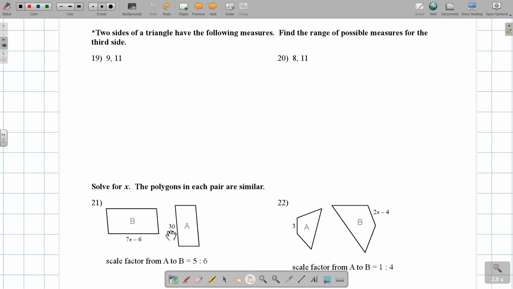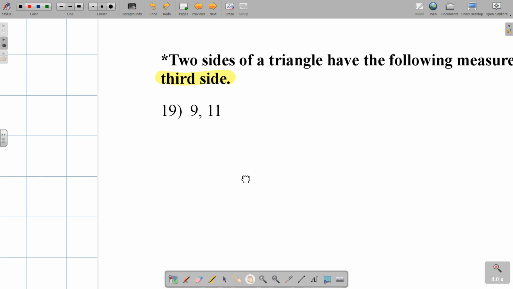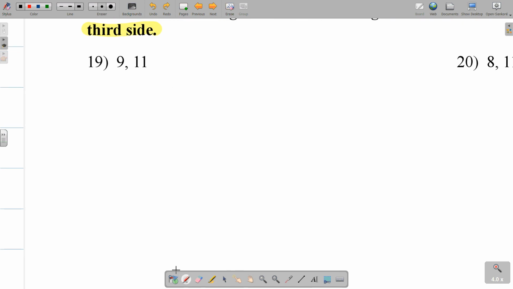It says 2 sides of a triangle have the following measures. Find the range of the possible third side. So this is kind of like an undercover eyebrow, eyebrow, smiley.